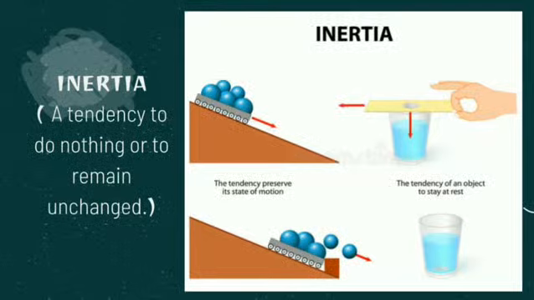You will see that the cardboard just moves away, leaving the coin inside the glass. That is because the cardboard is set in motion, but the coin is still at rest and is trying to stay at rest, because of which it falls down inside the glass and the cardboard moves away. All this is said to be inertia.